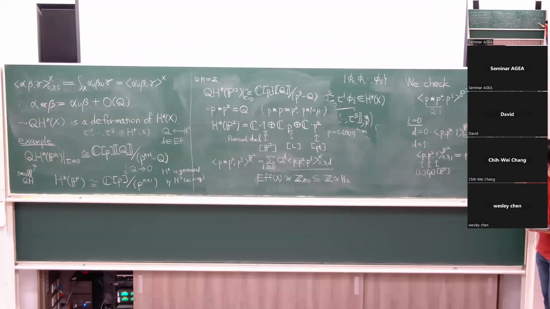So take some line C, and we put some condition on it. C is a line and this intersects with these three subvarieties.